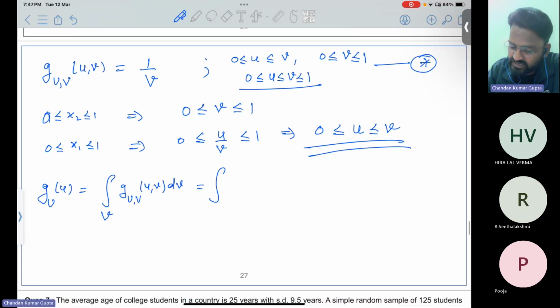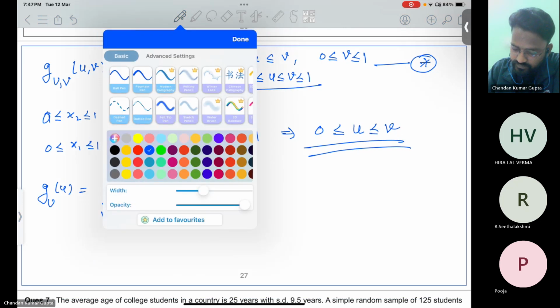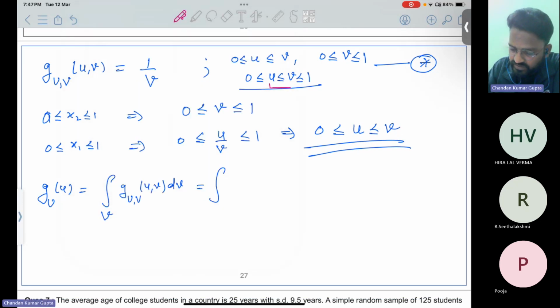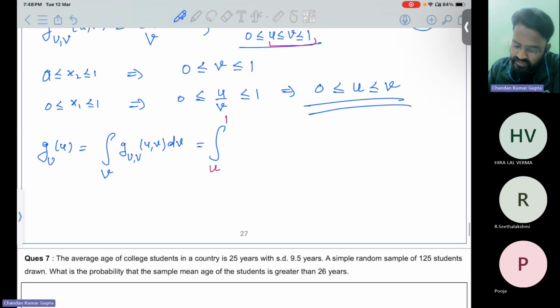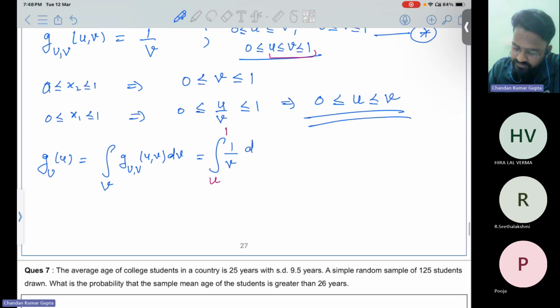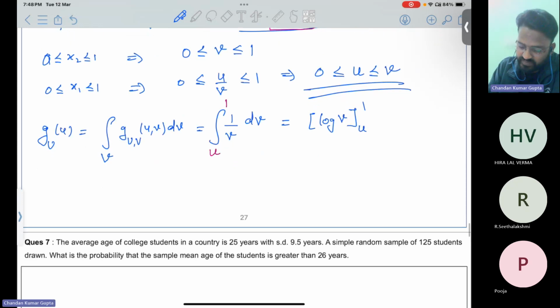The range of v is u to 1, and the integral of 1 by v dv is nothing but log of v from u to 1, which equals log of 1 minus log of u.